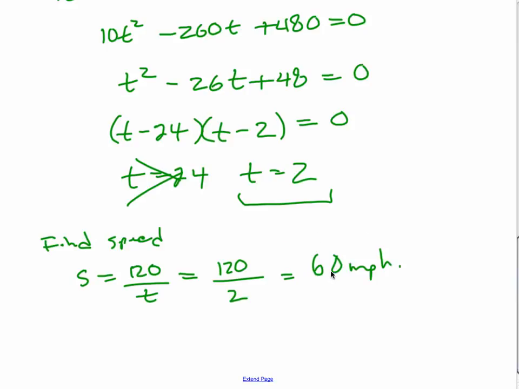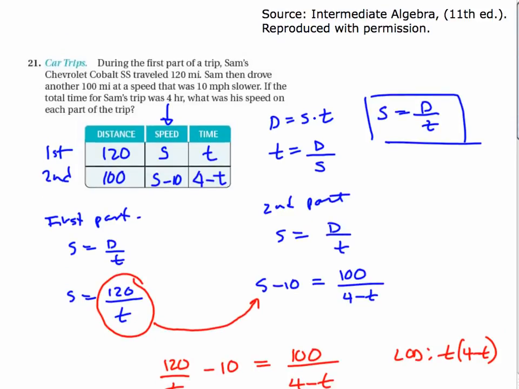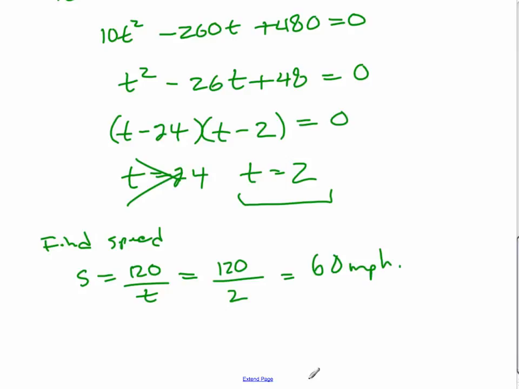So he's going 60 miles an hour for the first part of the trip, I guess for the first 2 hours. And then his speed was 10 slower. So for the second part of the trip, his speed was s minus 10, or 50 miles per hour.